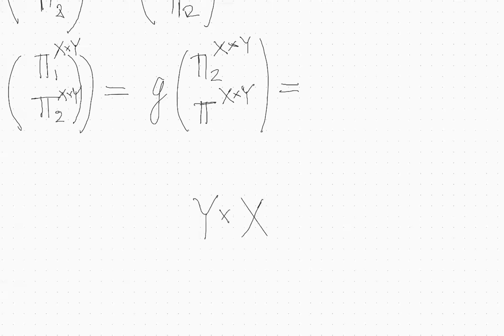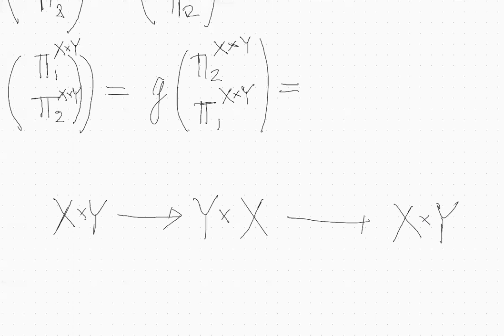And this morphism here, pi 2, pi 1, is induced by, I'm going to now switch to kind of general notation.